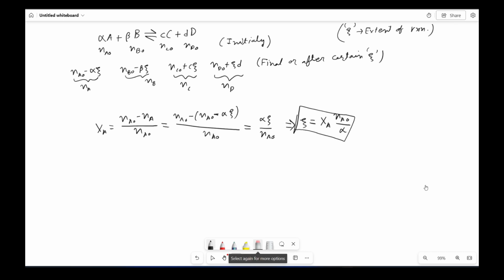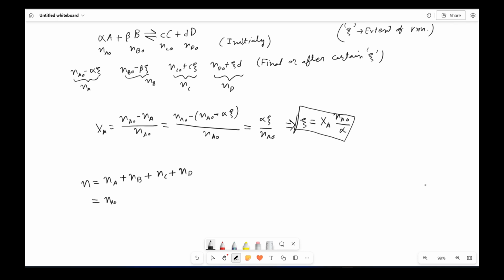The total final moles N equals Na plus Nb plus Nc plus Nd. Now let us use the values of Na as Na naught minus alpha epsilon, and Nb, Nc, Nd similarly. Let us see what expression we get.